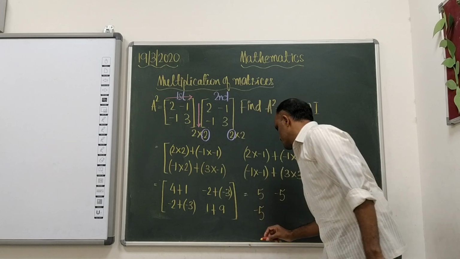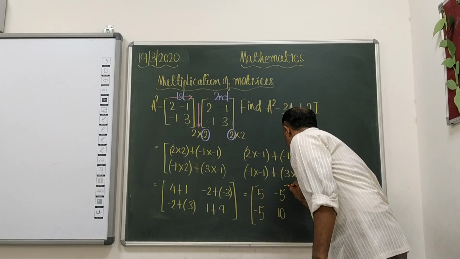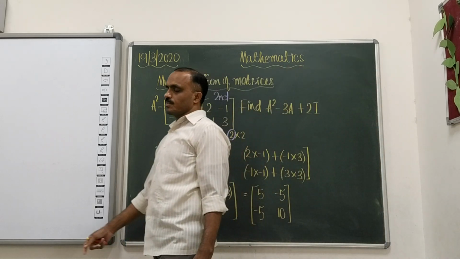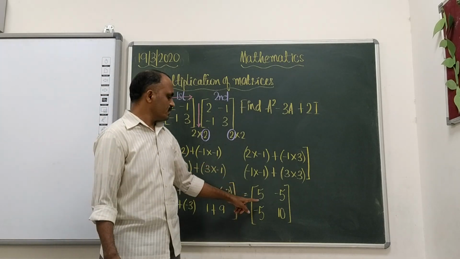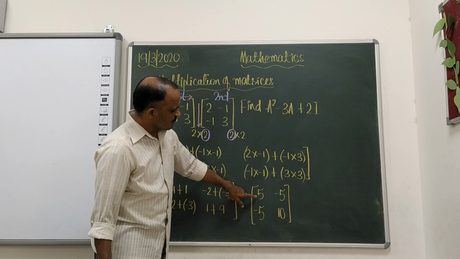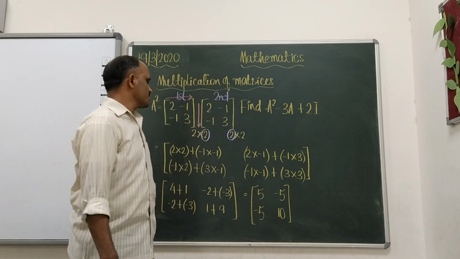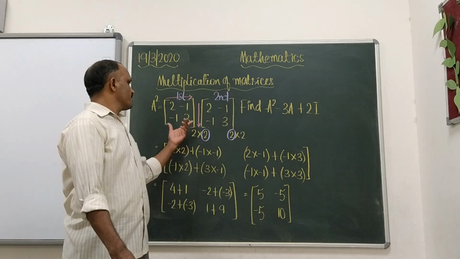Then here 1 plus 9 is 10. So on multiplying the two matrices of the same order 2 cross 2, the square matrix A square, we are getting the resultant matrix as first row 5, minus 5, second row minus 5 and 10. So this is how we are going to multiply the two given matrices.